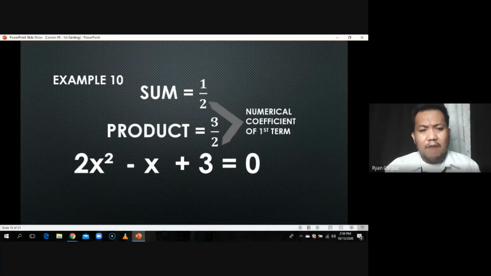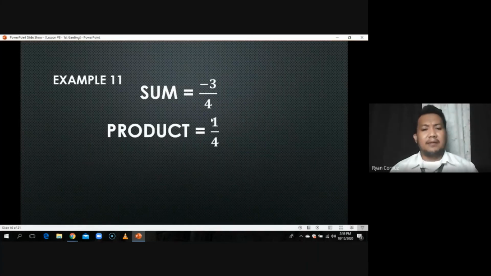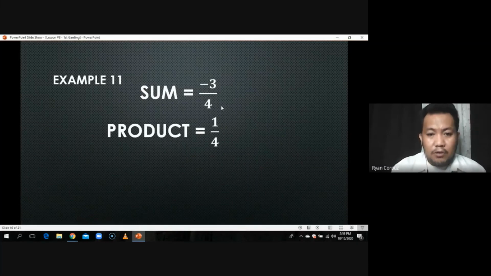So that's how we do example number 10. But what if your example is like this? Similar example to number 10, same denominator tayo, 4. Ang sum natin ay negative 3/4 while the product is 1/4. So that 4, the same denominator, will be the numerical coefficient of the first term. So that will be 4x squared.